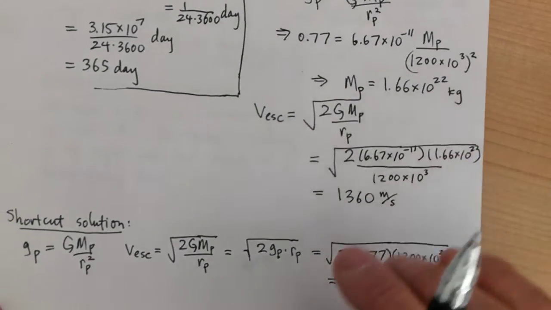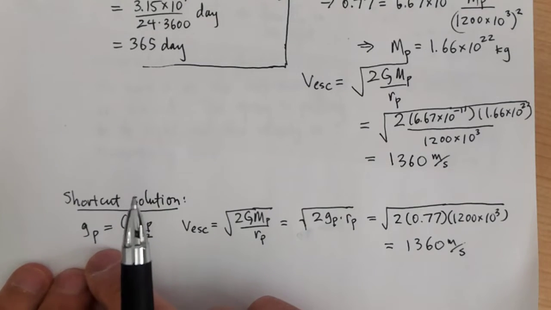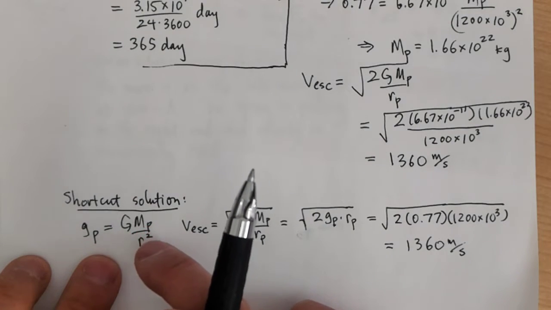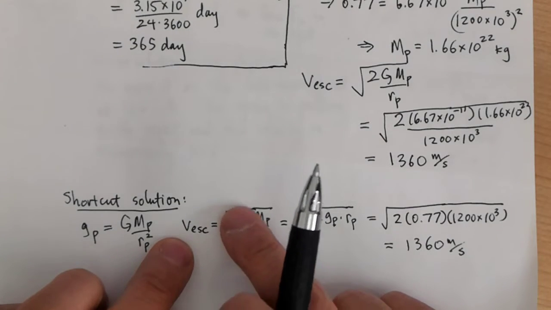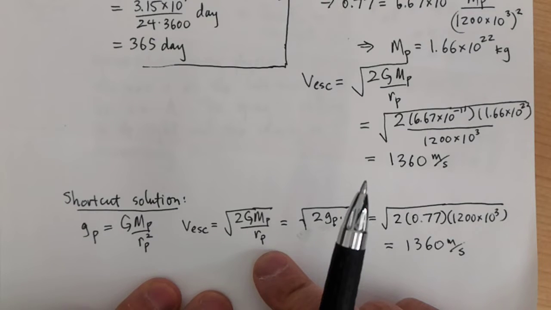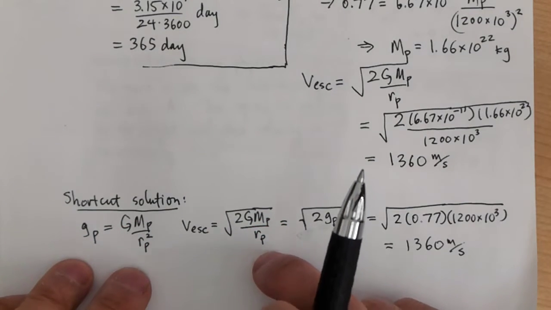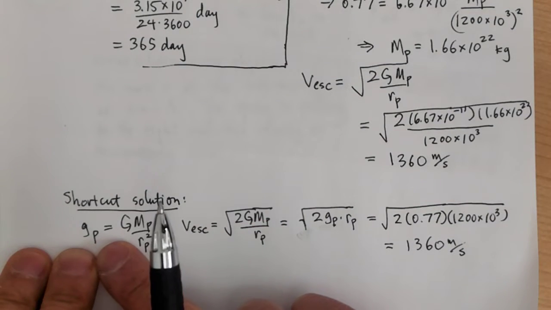There is a quick and dirty way of getting this much more quickly. We use the fact that small g_P is capital G M_P divided by R_P squared, and the escape velocity is the square root of 2 capital G M_P divided by R_P. We'll notice that the stuff inside the square root is very similar to that formula for small g_P.